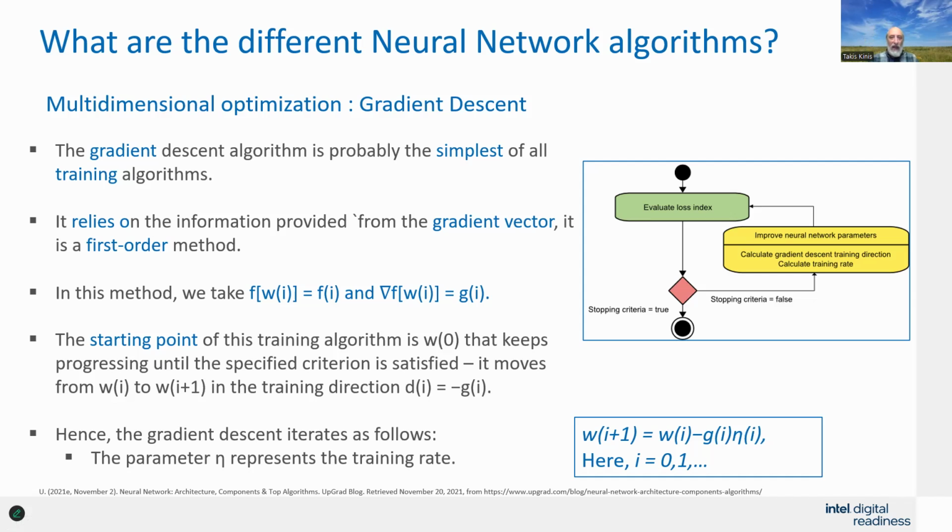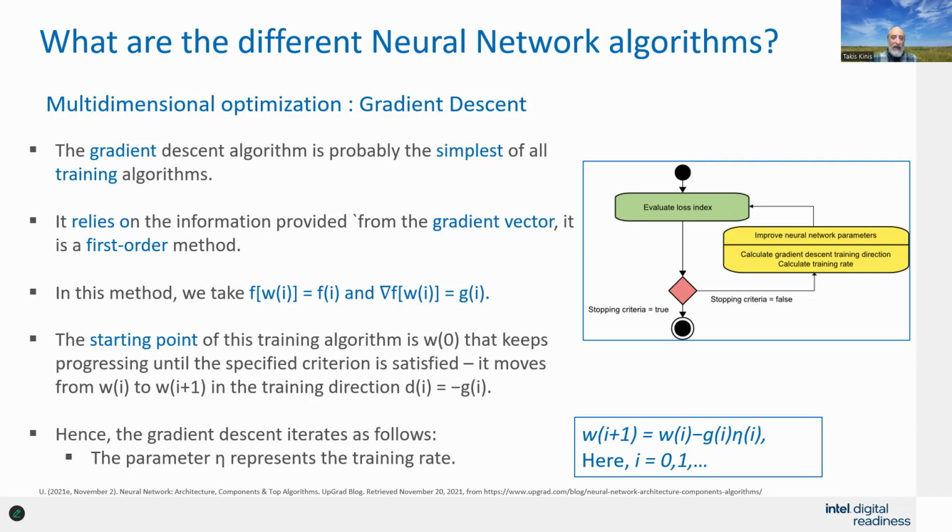In this one, they talk about gradient descent. And notice how they flag this one as maybe the simplest of all the training algorithms. Even though it's multi-dimensional, it relies on information that we already have on hand, from the gradient vector, as a first order method. The formula looks a little hairy, but basically we have a starting point, whatever the variables W0 are, and then we keep progressing.